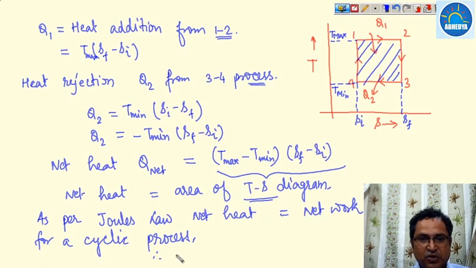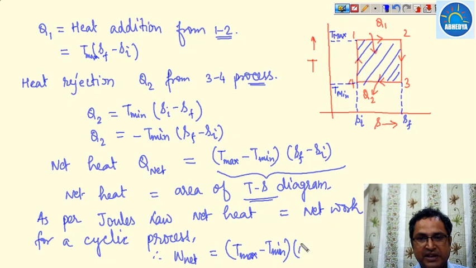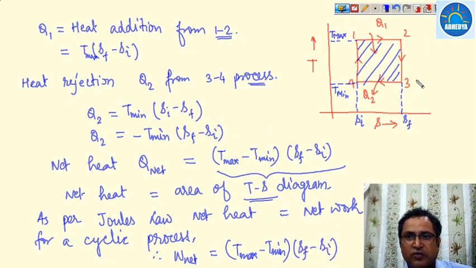So what is the net work done? The net work output is nothing but T max minus T min multiplied by SF minus SI. So whenever a TS diagram is given, the closed area of the diagram will give you the net work done or net heat.